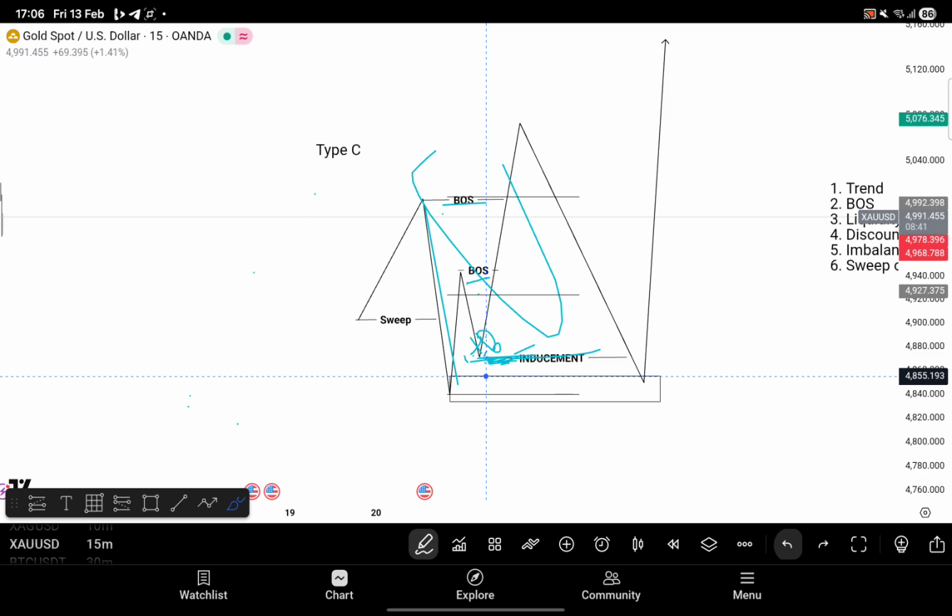So the fifth criteria on the list is imbalance. Imbalances, or fair value gap.